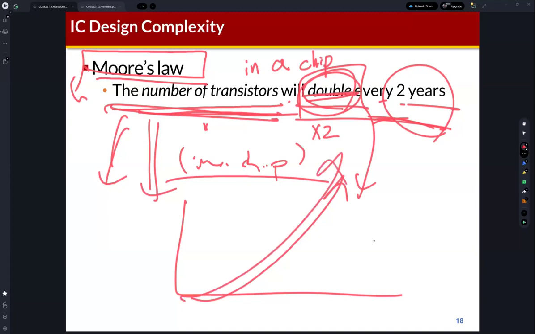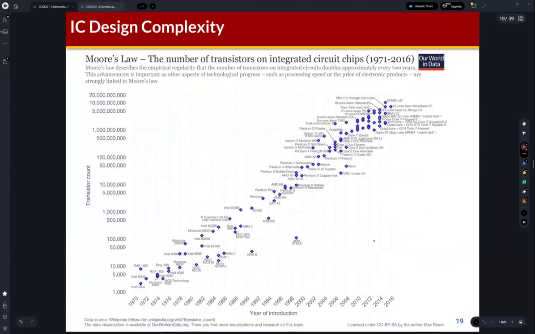The complexity increases exponentially. Moore's law says that the integration of transistors increases exponentially by years. And it's true, actually.